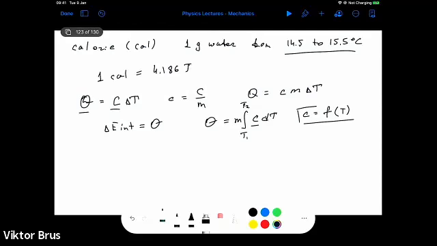So the question is, how do we define this heat capacitance? For instance, we have some substance with unknown heat capacitance. We pick up some mass of this substance with heat capacitance Cx, which we don't know.